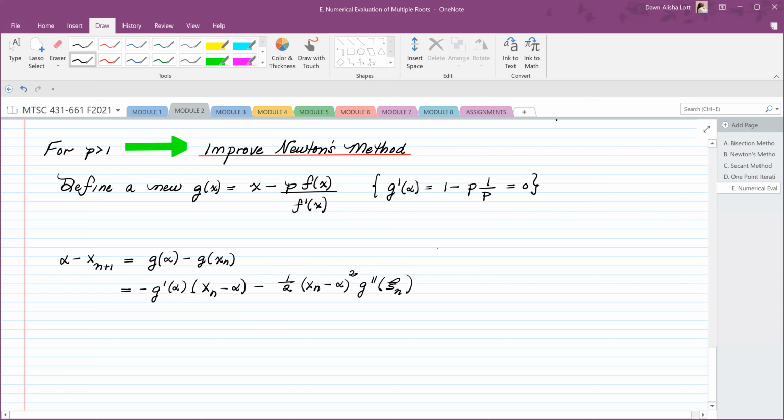And here c_n is between x_n and alpha. So we're really using that Taylor series. That thing is good to us.